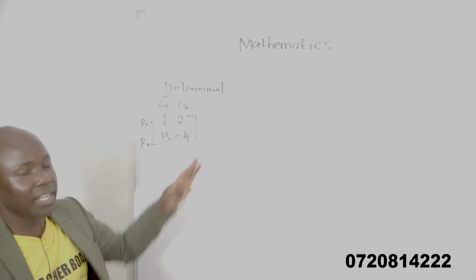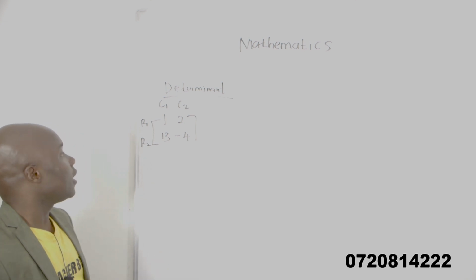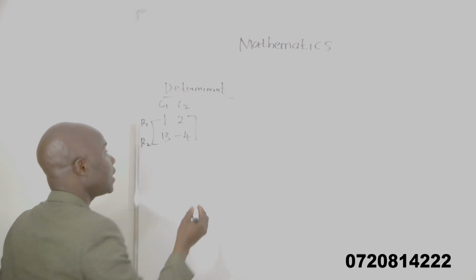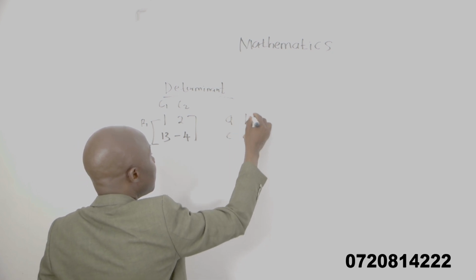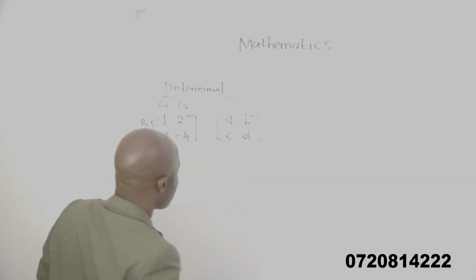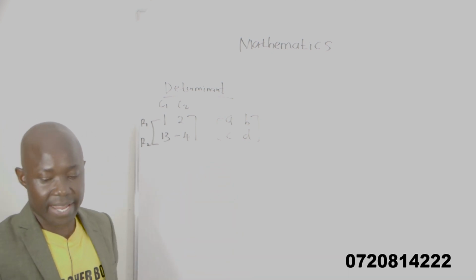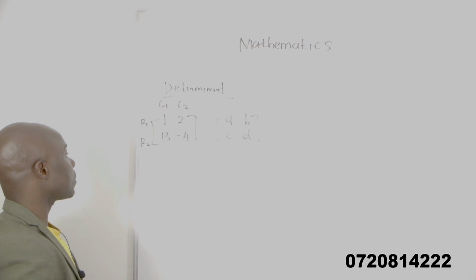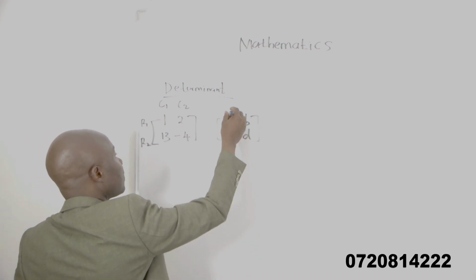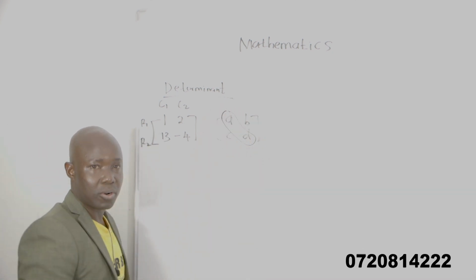Now for you to find the determinant of any given matrix, it is always something very basic, just like having the A, B, C and D. By the moment we have this and we want to find the determinant, what you're supposed to do is always consider the leading diagonal.